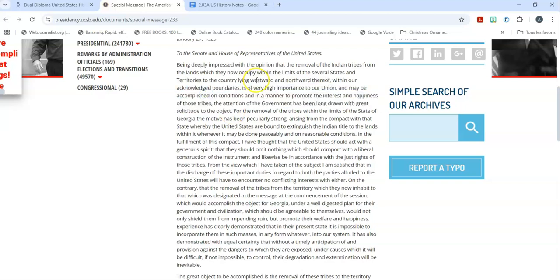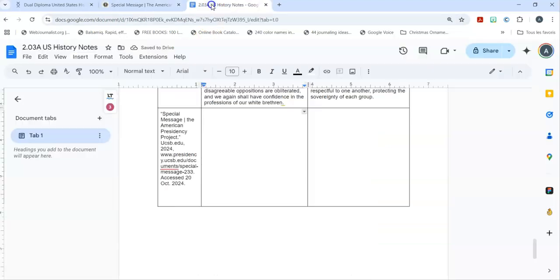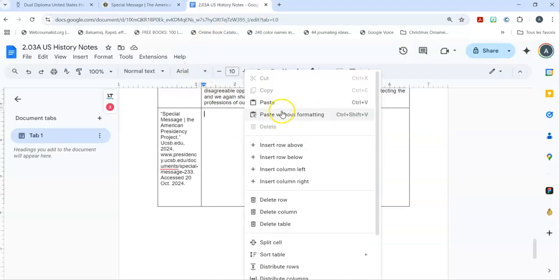So what he's saying is that it is of high importance to the country to move the Native Americans out of their lands into better places, in his opinion, and that they can do so in a way that promotes the interest and happiness of those tribes. So what we're trying to do here is to move the Native Americans, but we're going to do it in a way that is good for them too.